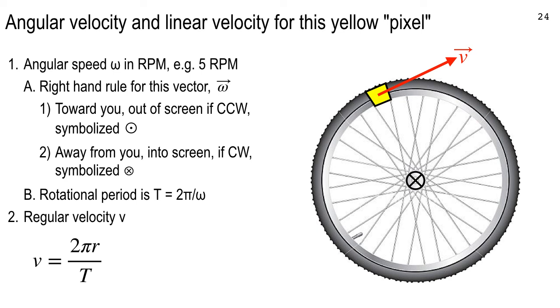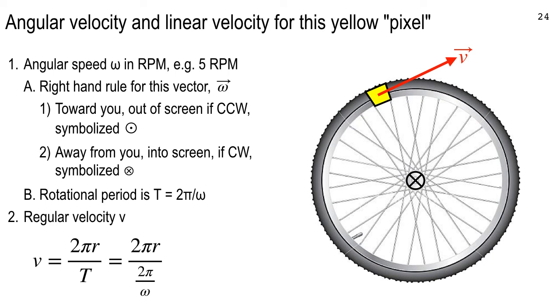So here's my normal speed calculation. 2 pi r, that's the circumference that it spins, and capital T is the period of time it takes for one spin. Now capital T is also 2 pi over omega, so you can write it this way.